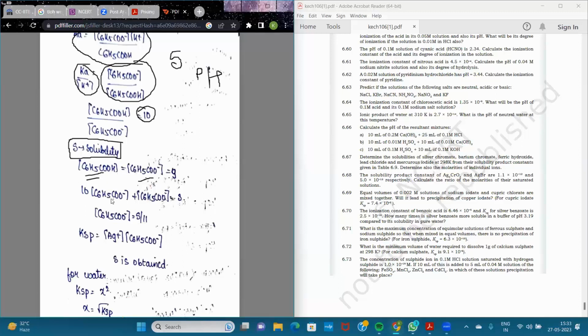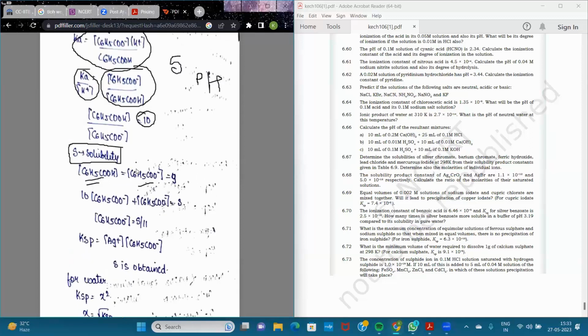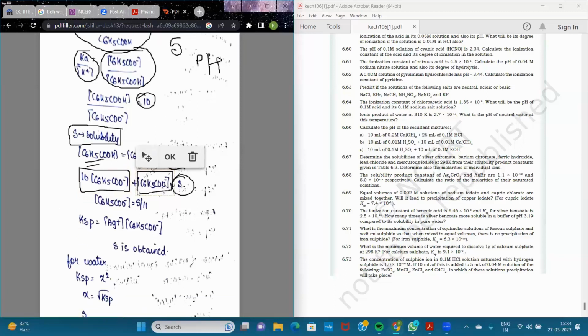So the concentrations are the same, and let us consider it as some S. Here, the total concentration, that is C6H5COOH concentration plus C6H5COO minus, let us consider this as some Y, and solubility is given as its hydrolysis, that is the amount of C6H5COOH and the amount of benzoate ion present. So on addition, we'll get this expression.